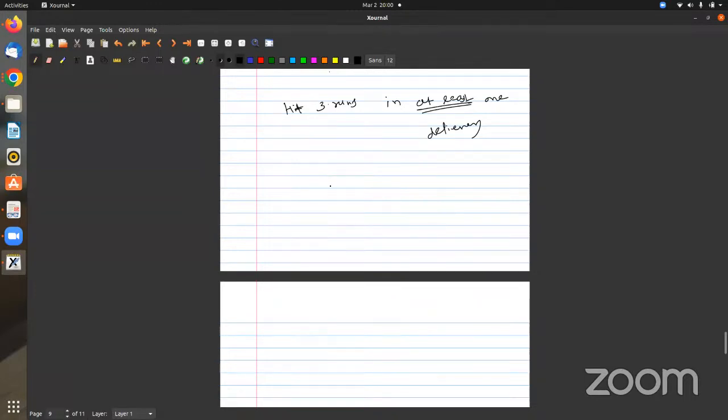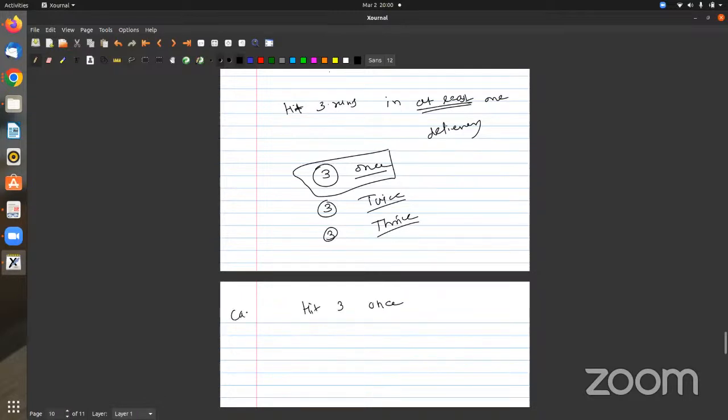At least once means he can have 3 once. He can hit 3 twice also, or he can hit 3 thrice also, right? At least one means at least once, twice, and thrice. So I'm checking this possibility that he will hit 3 once. This is my case 1.